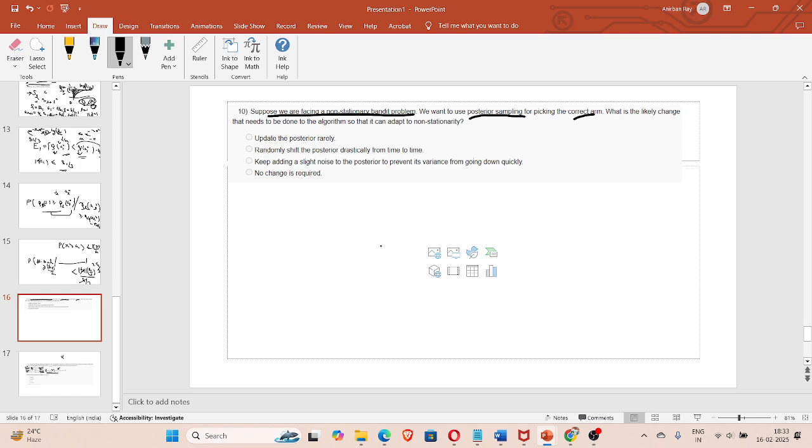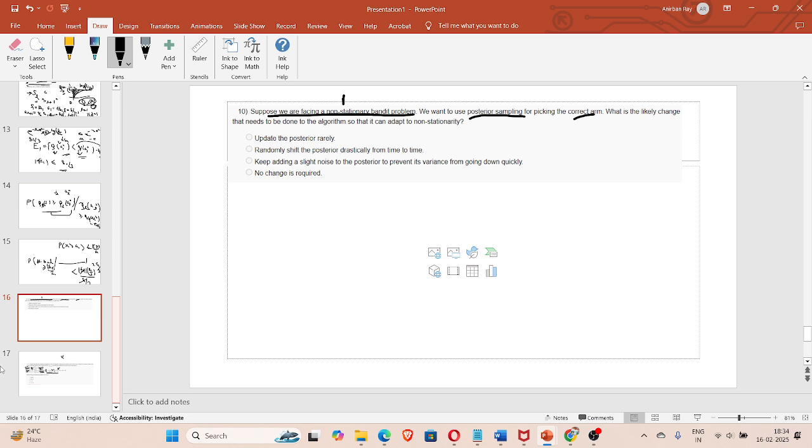The non-stationary problem means the reward samples are not from the same distribution, right? No, non-stationary means the reward for each arm has a distribution that keeps changing with time.